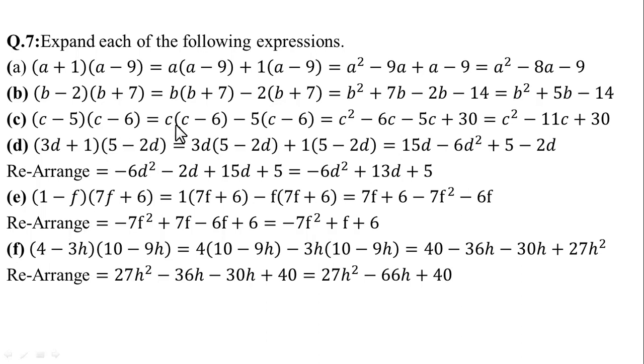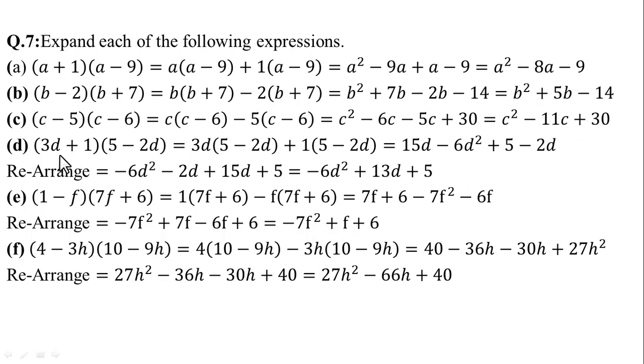C multiplied by C minus 6, minus 5 multiplied by C minus 6. C multiplied by C, C square, minus 6C minus 5C, minus minus plus 6 5s are 30. So C square minus 11C plus 30.